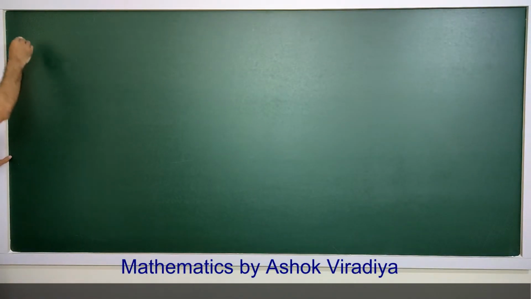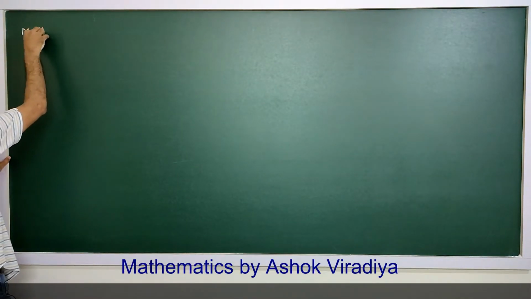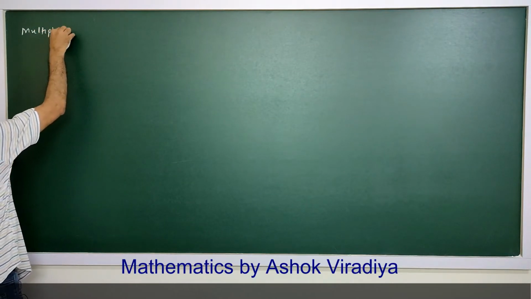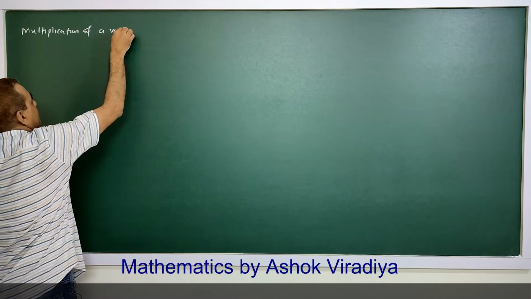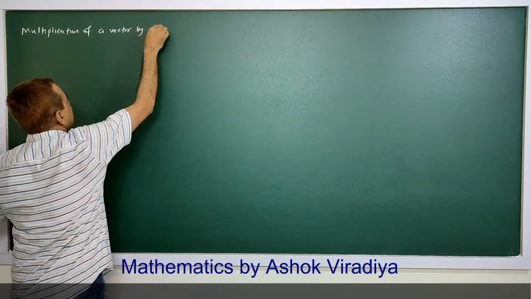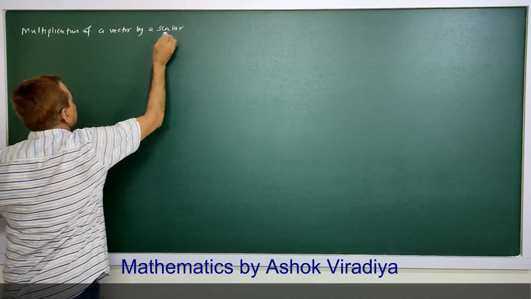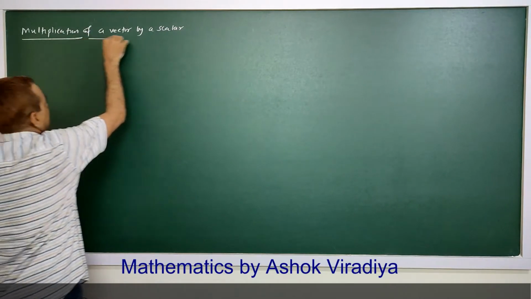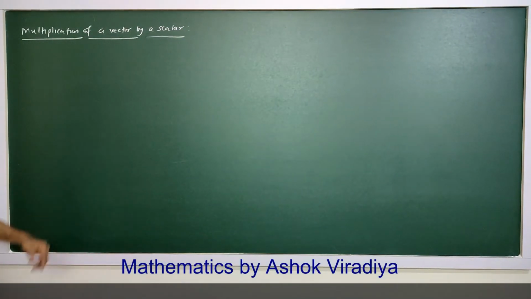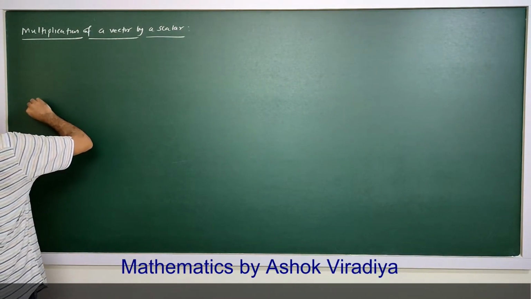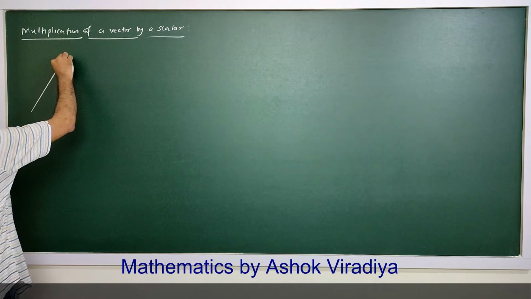Now next topic, multiplication of a vector by a scalar. To understand this topic, suppose I take a vector, this vector A bar.